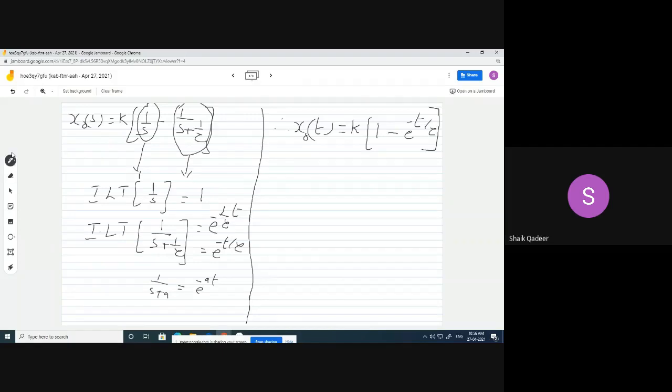Is it clear to everybody? This is nothing but the step response of a first order system. Which system? Measurement system. This much is enough for today's class.